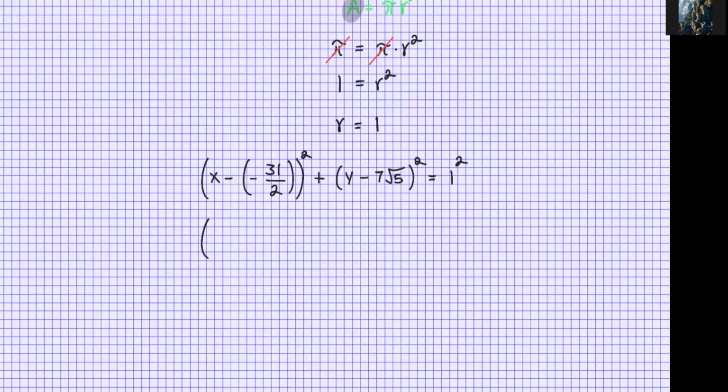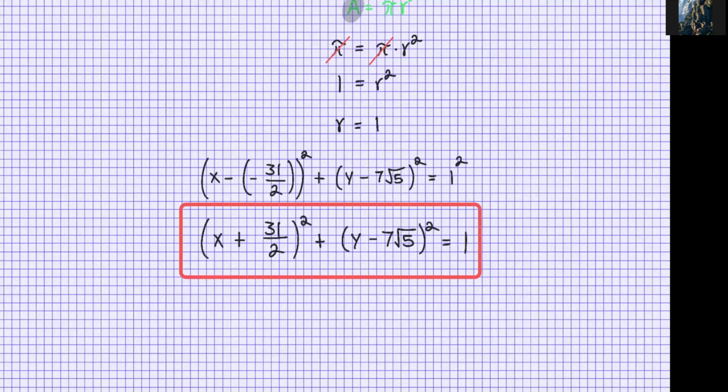So we end up with x plus 31/2 squared plus y minus 7 times the square root of 5 squared, and this equals 1. And that's it. That's for the second example.